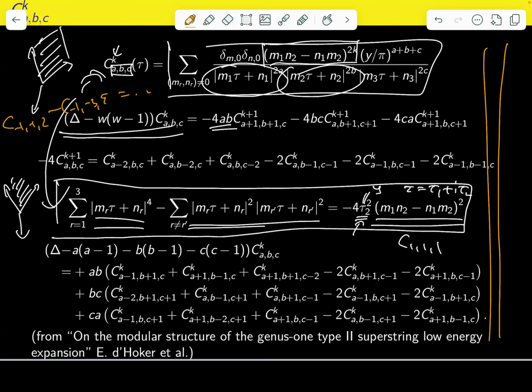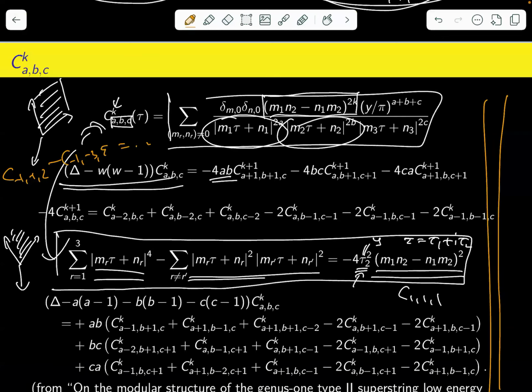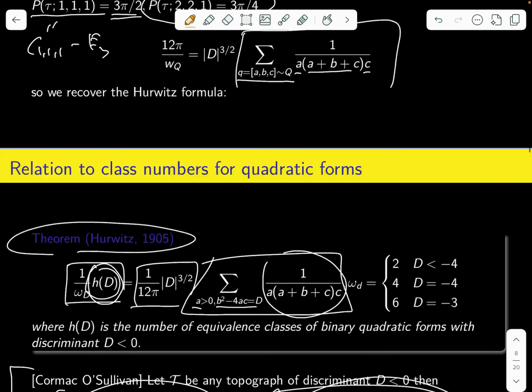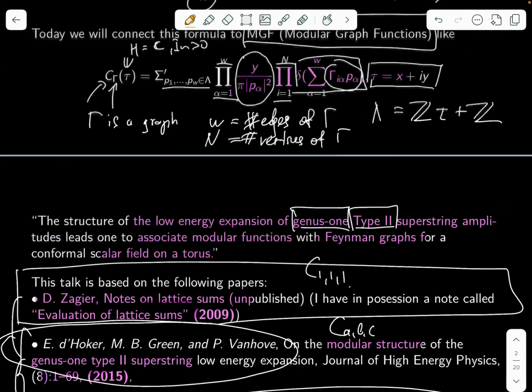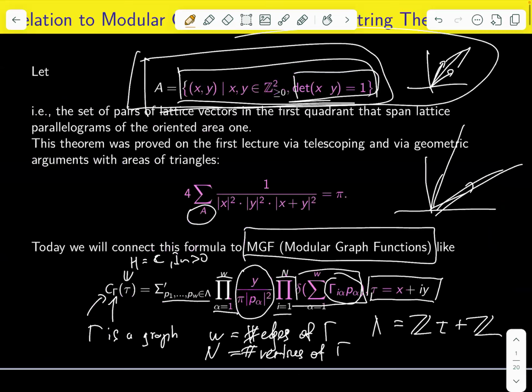Also, there are certain series which are convergent in some setting and divergent in other settings. For example, here you may consider the sum over all expressions, but you take vectors only from one quadrant and you have a restriction for the determinant.